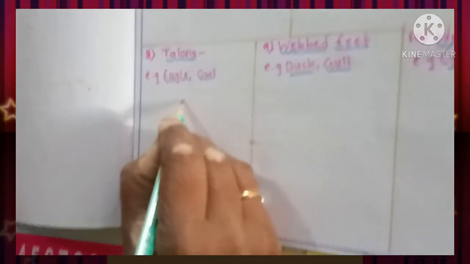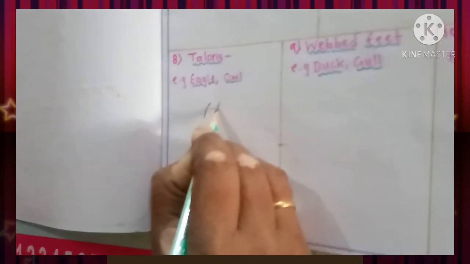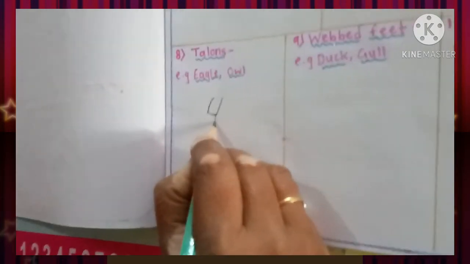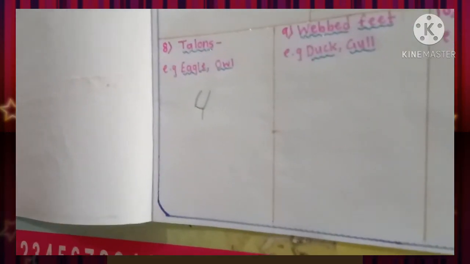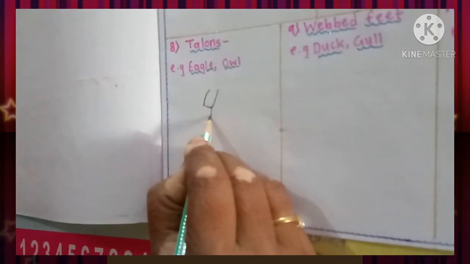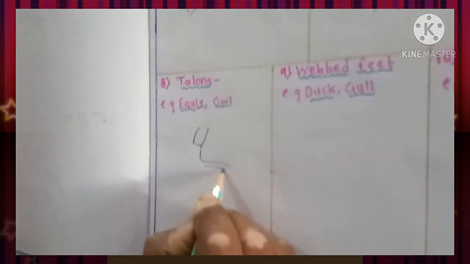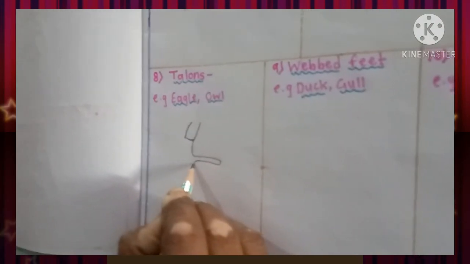See, all praying birds have talons, and children, all birds have 4 toes. 3 toes on a front side and 1 toe on a back side.